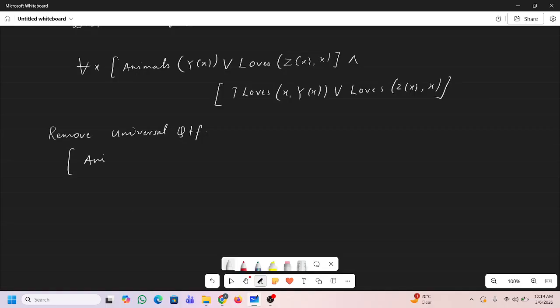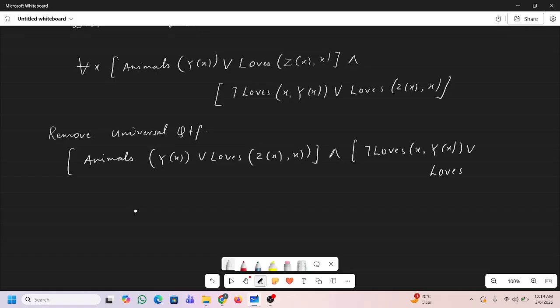Then it will be animals y of x, and then loves z of x comma x, then I will be closing this bracket, and then it will be and, then it is giving me negation of loves x comma y of x or loves z of x comma x. Okay, so this is our final result.